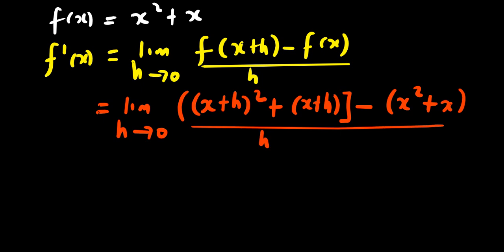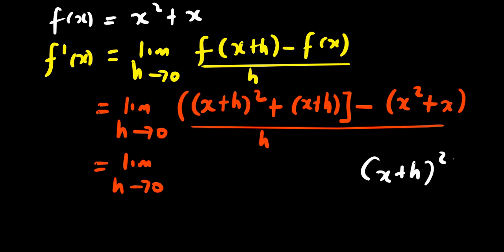Okay, so now we can solve. The limit as h is approaching 0, now when we solve this, what are we going to have? I have x plus h, then there's a square outside. You know that I'm going to square my x. I'm going to multiply 2 by x and 2 by h. That will be plus 2xh. Then again I'm going to square the h at the end.